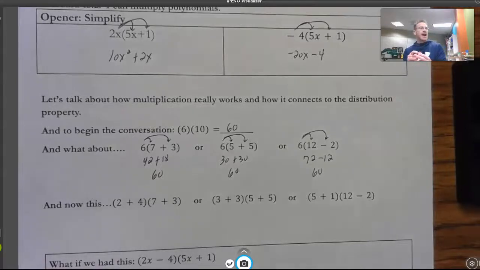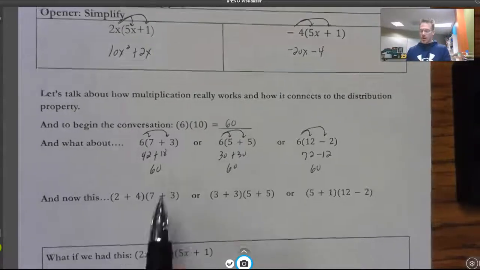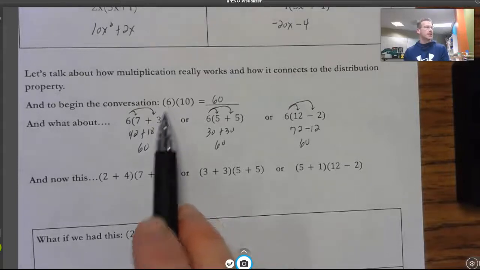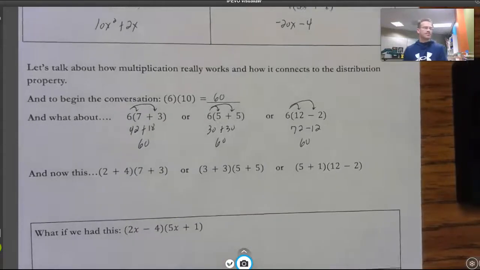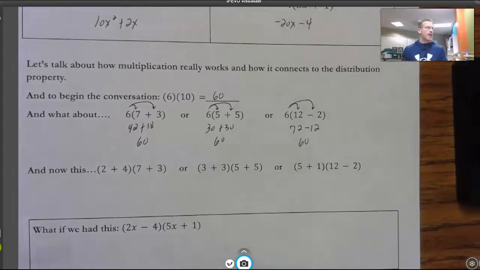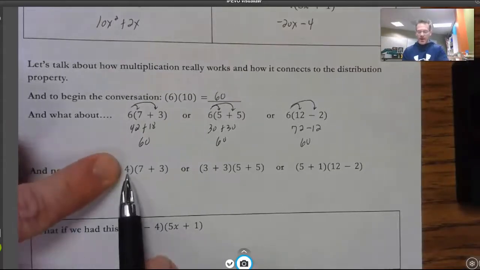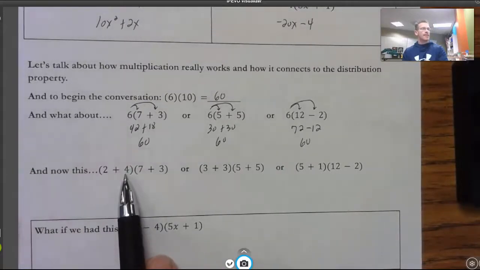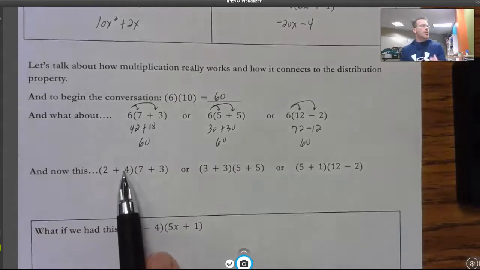Now notice what happens if we write both numbers as an addition or subtraction problem. We said that we could rewrite 10 as 7 plus 3, but what if I decided to write 6 as 2 plus 4? If I had one number, I would distribute the one number, but now I have two numbers, and I have to distribute both of those numbers.